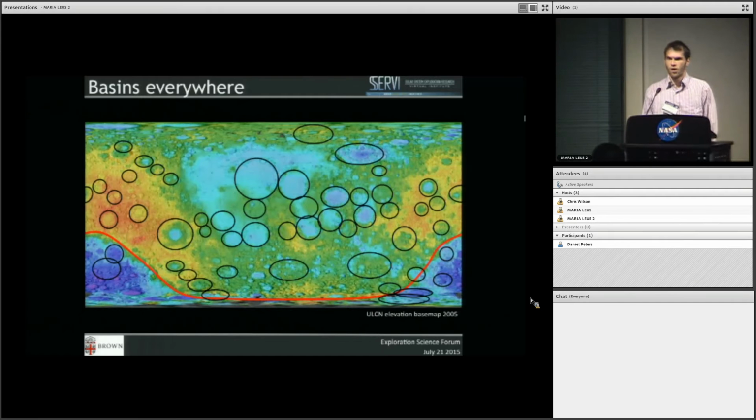Another feature on the lunar surface that has been purported as possibly being the site of another basin-forming impact is the Procellarum region on the lunar near side. I will talk through some of the reasons behind this. One of the primary reasons is that it's an area of low topography, as can be seen in this image.